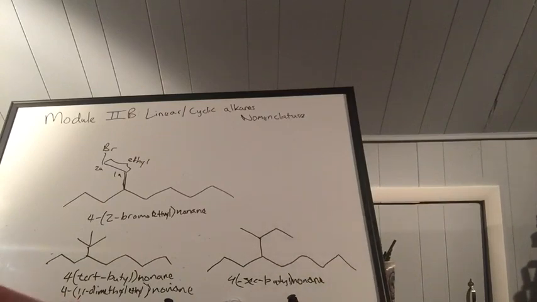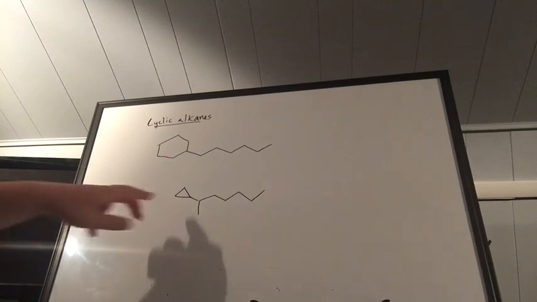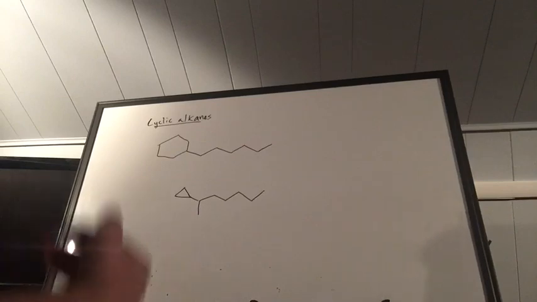Alright, so pause for a minute and we'll get into some cyclic structures here. Here are some cyclic alkanes that we're going to go over. Some of them are going to have the main chain, and some of them are going to be branched. So again, you're just following the convention here. If something is the main chain, then you're just going to write cyclohexane, right?